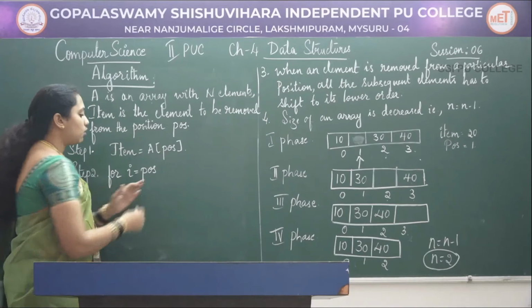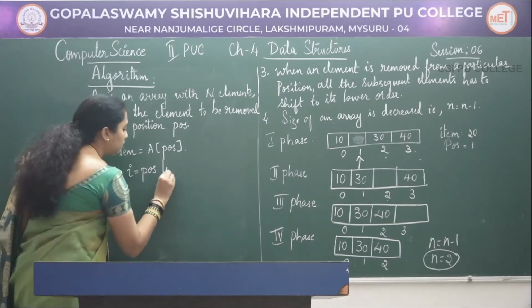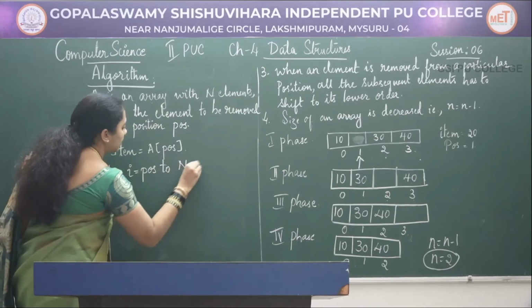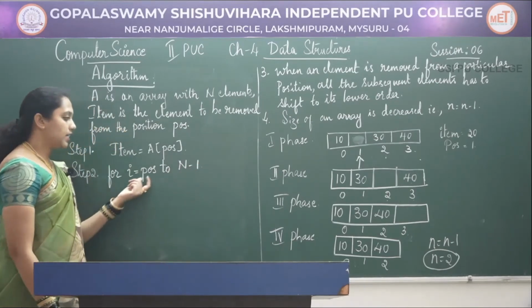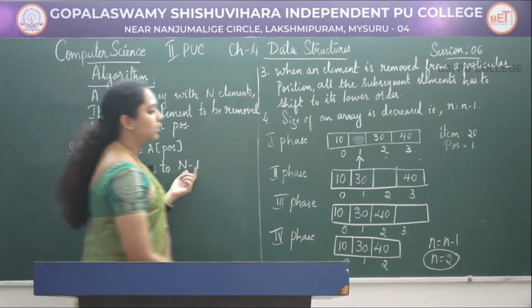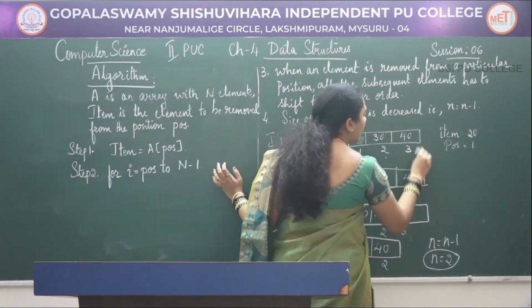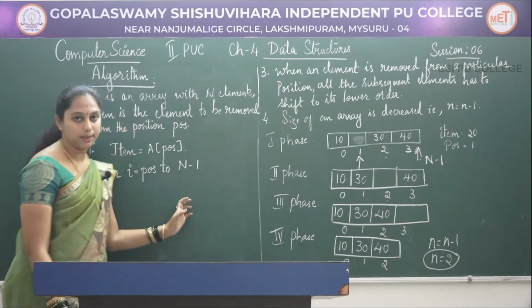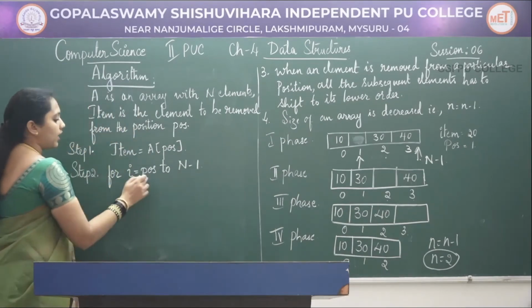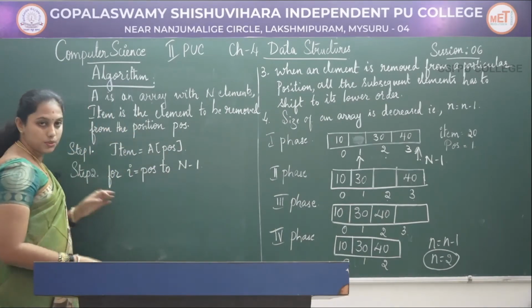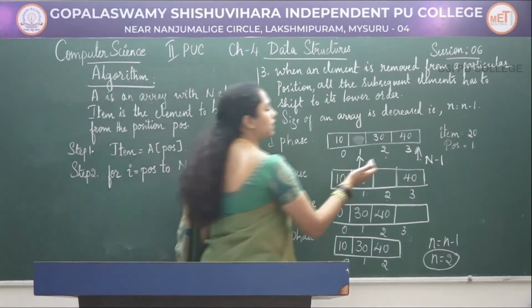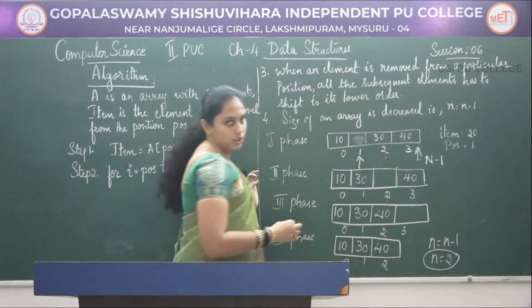For I is equal to position to n minus 1, which is nothing but the last position of an array. So, for I is equal to position to n minus 1, what we have to do? We have to shift all the elements to its lower order position.